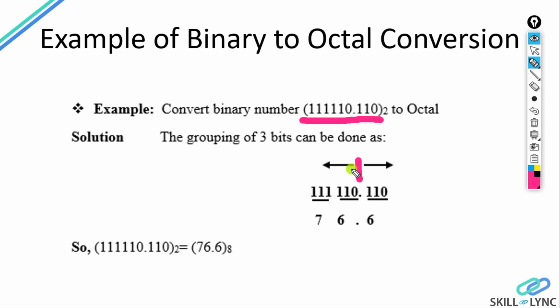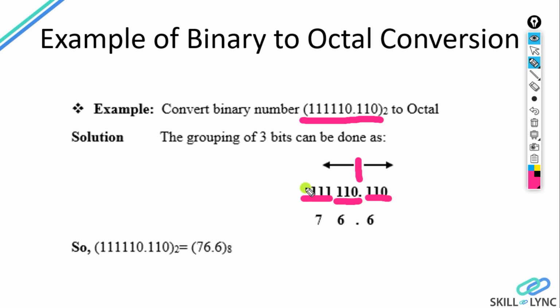Start from the point and go toward the left, making pairs of 3 bits. In this case, we make the groups 110 and 111. The fractional part will be grouped as 110.